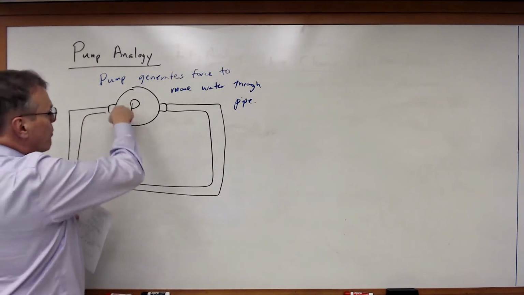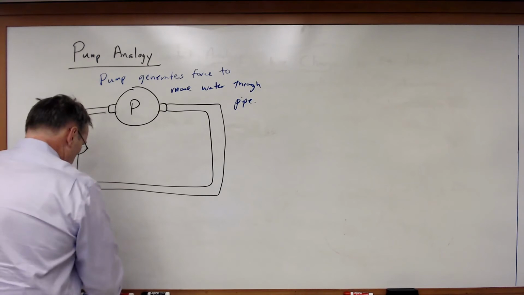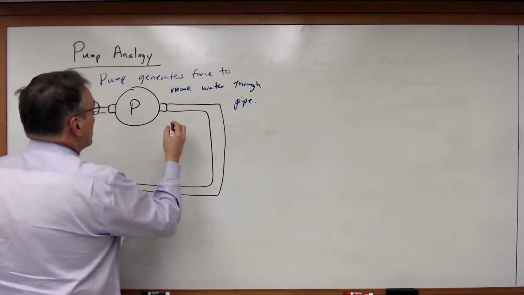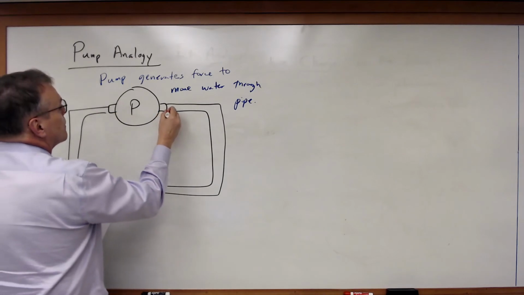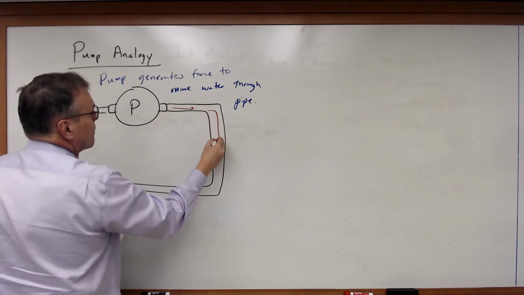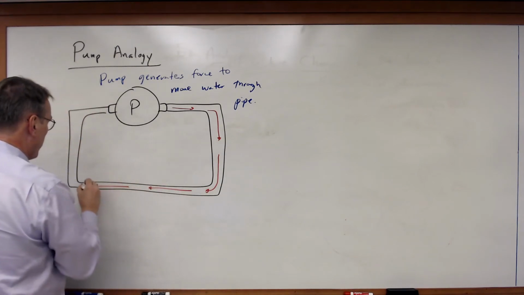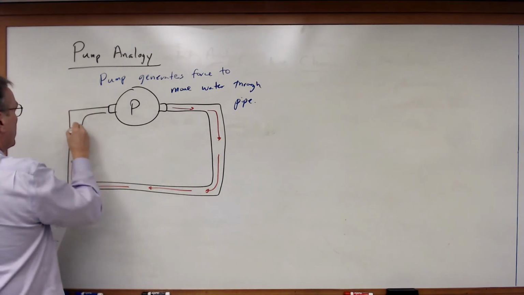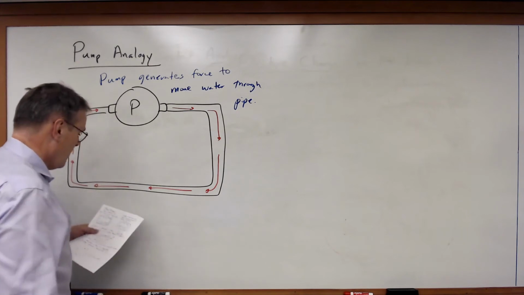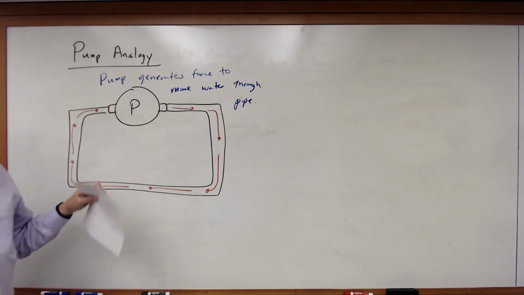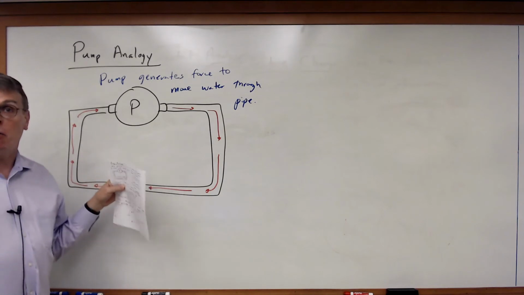And so as this pump runs, we're going to have water circulate through this pipe. And we can think of this water as, in effect, a current of water, right?